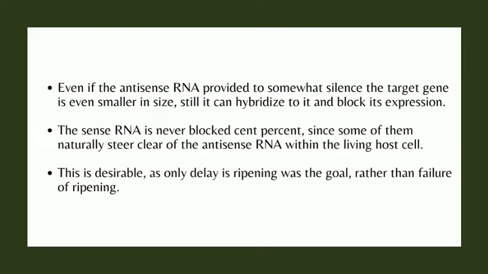Although this approach does suffer from certain limitations, still it was a successful demonstration of a viable idea with immense potential. That was the real take-home message. Through the understanding of development of FlavrSavr tomatoes, this technology has found immense use in agriculture, medicine, among many other fields.